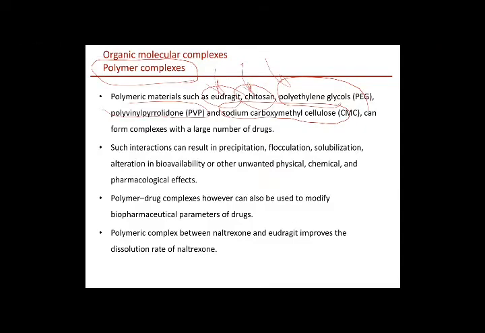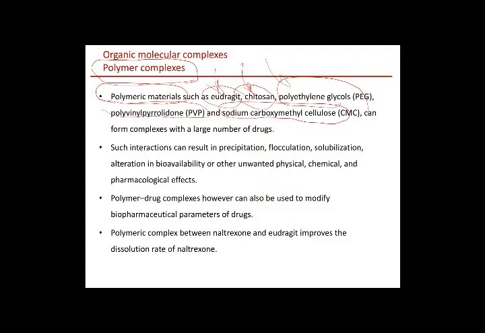And I'm sure you know the role of many of these different polymers. I think we've talked about them before. We use them as fillers, as binders, as lubricants, and in many other applications or techniques.